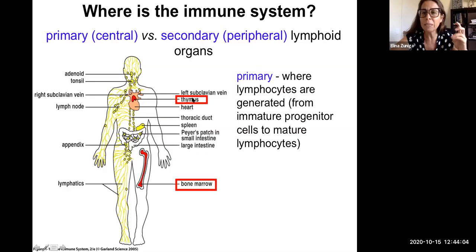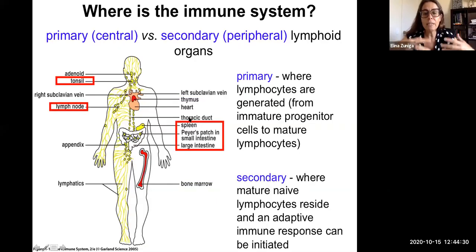They are named T cells because they are generated in the thymus, that starts with T, and the common lymphoid progenitors will stay in the bone marrow to generate B cells, and that's why they are called B cells, because they are generated in the bone marrow. So both the thymus and bone marrow, where lymphocytes develop, are called the primary lymphoid organs, okay?